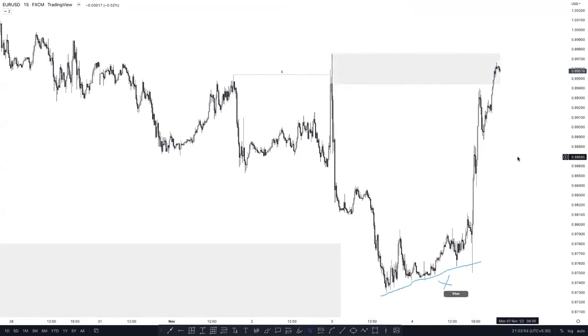Correct, yes, this was trend and liquidity. So when price taps here, you have to wait for the lower time frame confirmation. Then we can expect a short-term move to the downside, at least until this low, which is here.